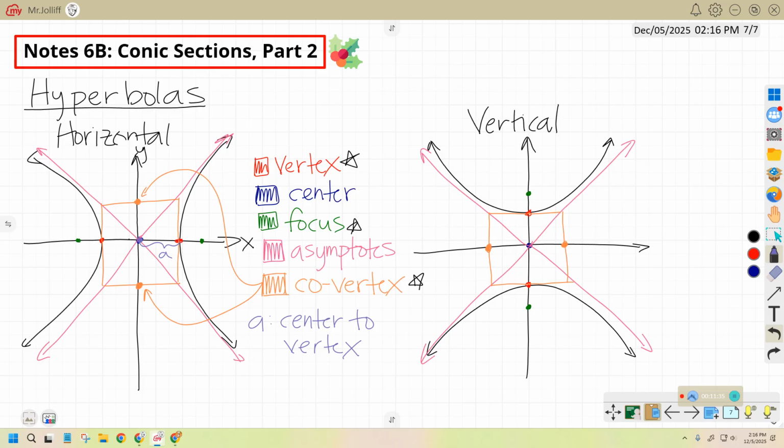Next one, I need the other direction for the box. So I have center to vertex. My next letter B is center to covertex.